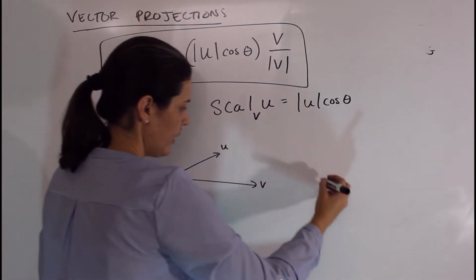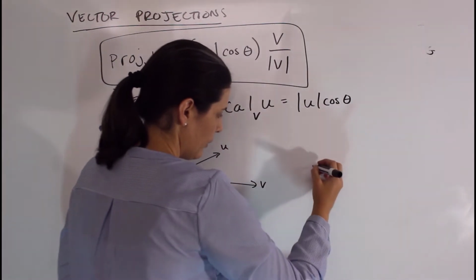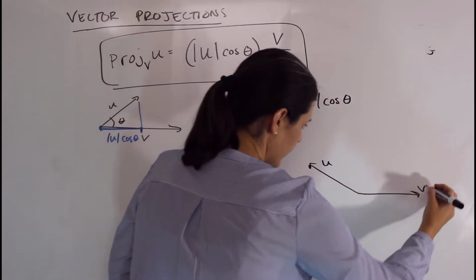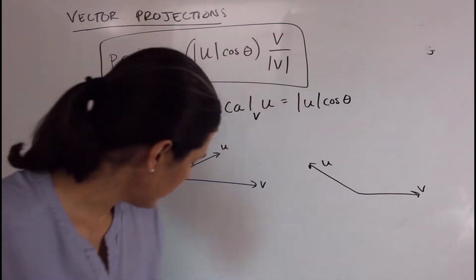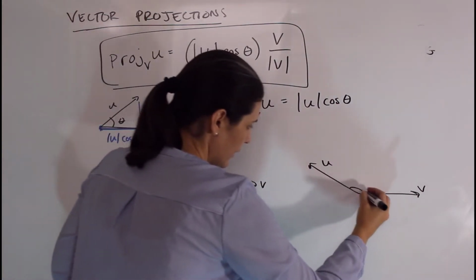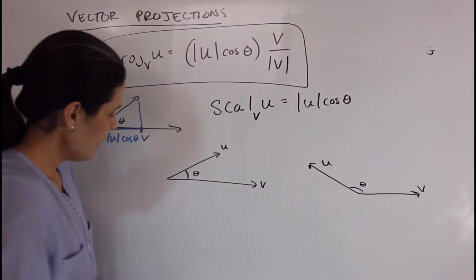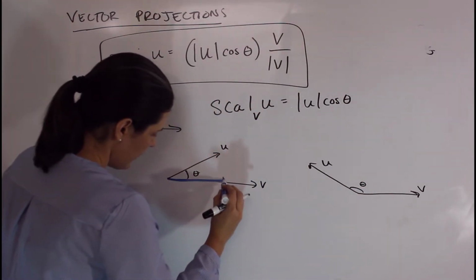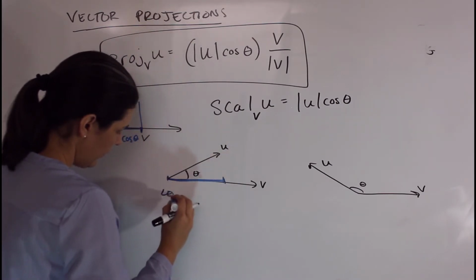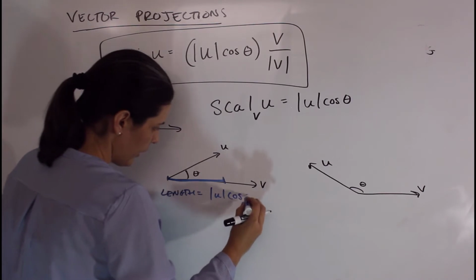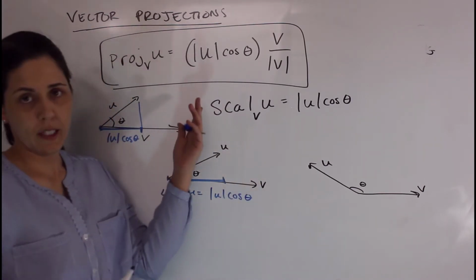So u and v, and then over here, this is the other one I was mentioning. Let's say u points this way, but v still points that way. Okay, so theta is this angle in between. This is still theta. In this case, the length of this projection vector is magnitude of u cosine theta, exactly what we said up here.